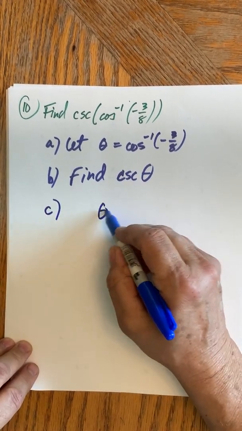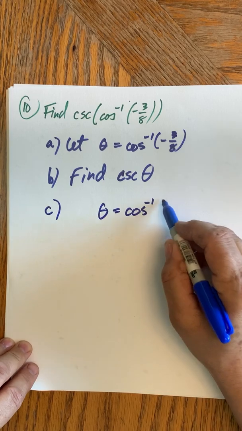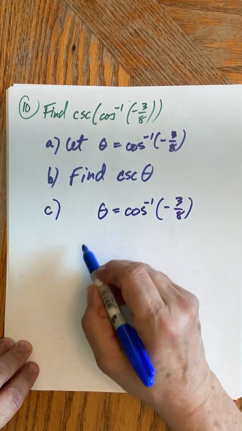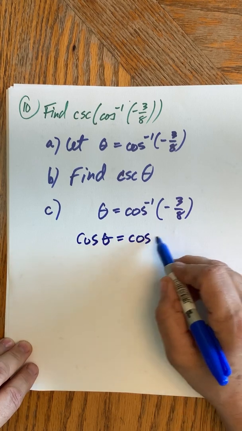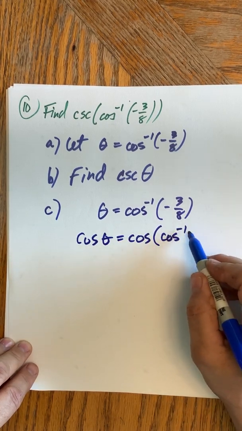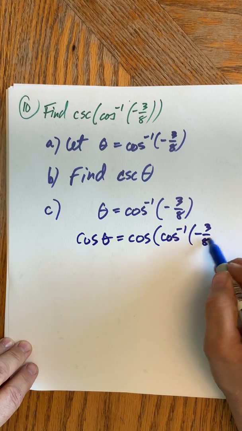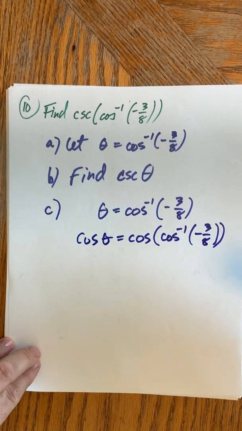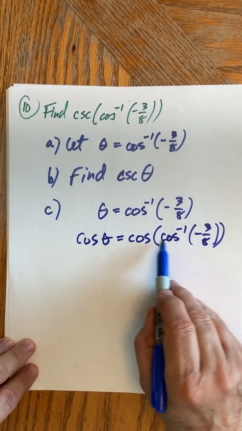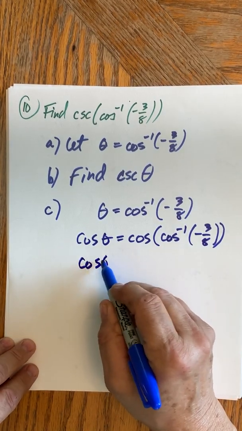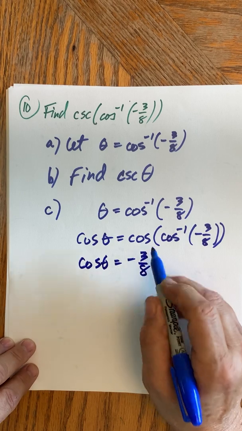Now, because I let theta equal inverse cosine of negative 3/8, I take the cosine of both sides, right? I'm not multiplying. I'm taking the cosine of both sides, which does what? It extracts the information, x over r, from that angle. These two undo each other, and I get cosine of theta equals negative 3/8.